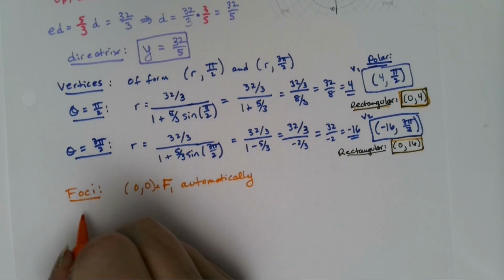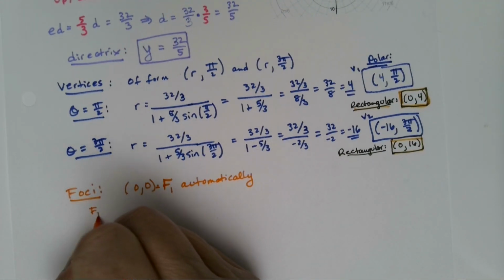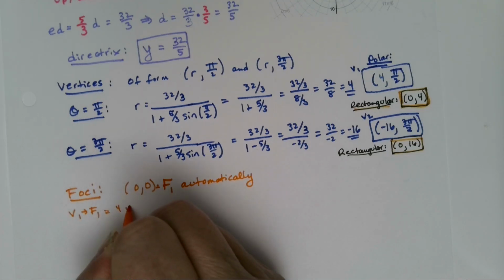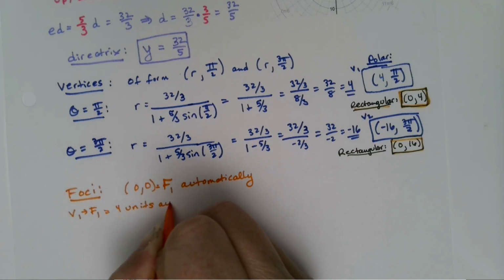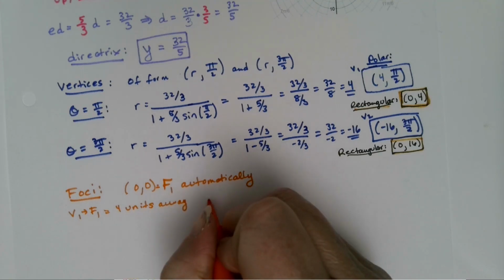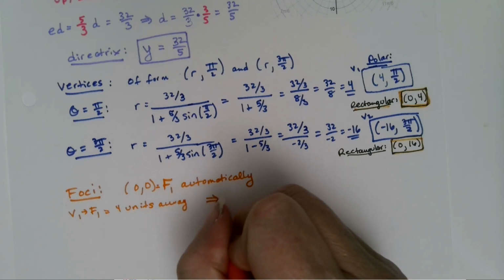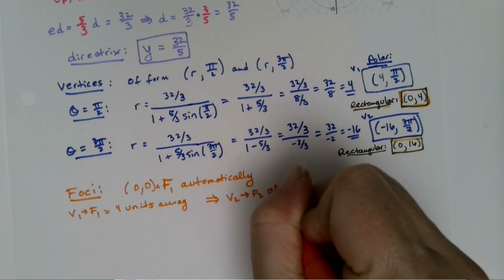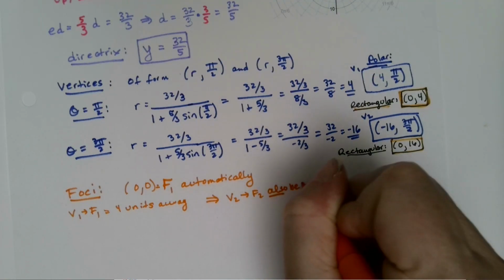Oh, so let's make a note. From vertex 1 to focus 1 is 4 units. That means that from V2 to focus 2 must also be 4 units.